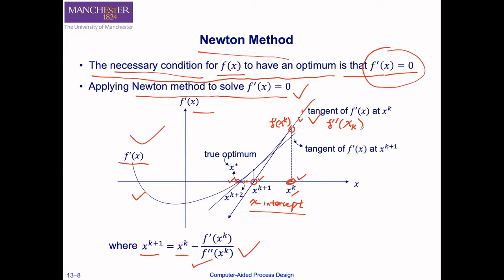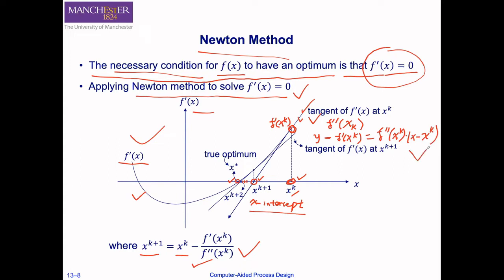And this tangent line passes through the point xk, f prime xk. Based on this, we can write the tangent line equation: y minus f prime xk is equal to f double prime xk, the slope at xk, times x minus xk, right?